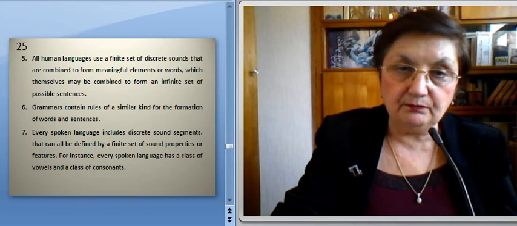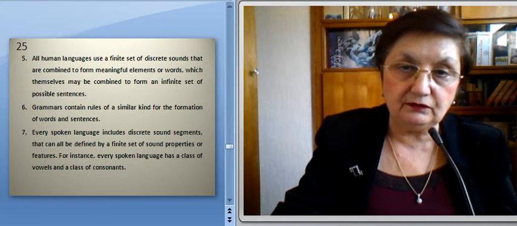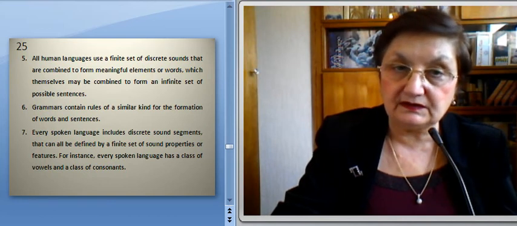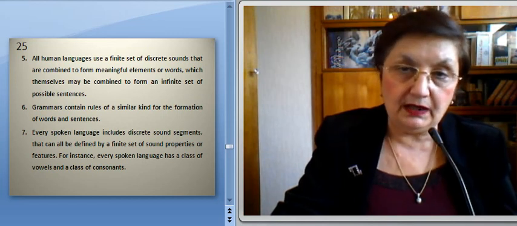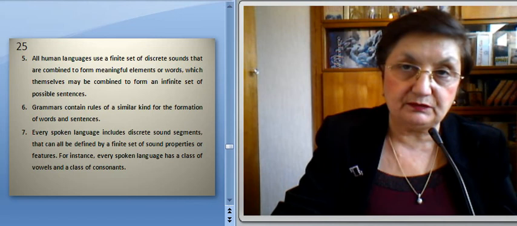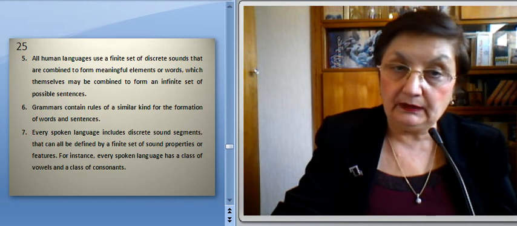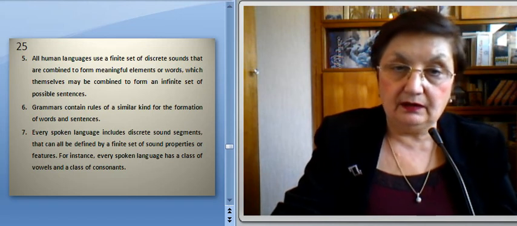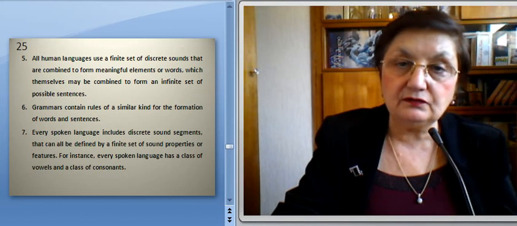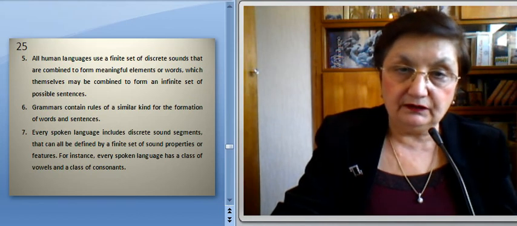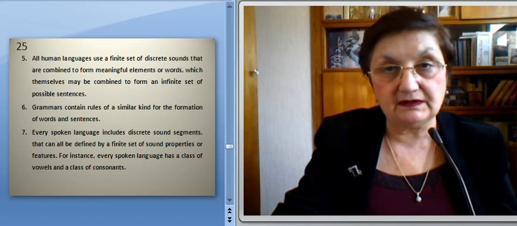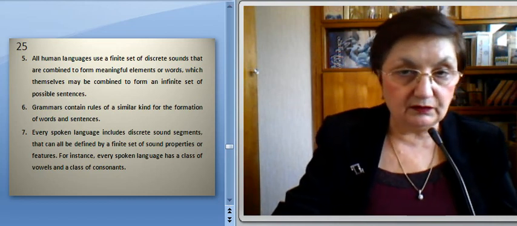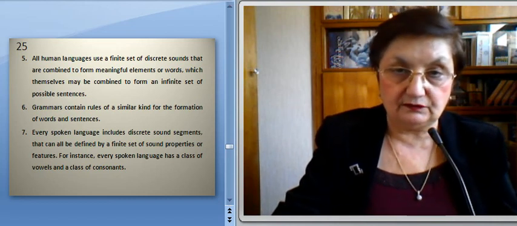Grammars contain rules of similar kind for the formation of words and sentences. Number 7. Every spoken language includes discrete sound segments that can all be defined by a finite set of sound properties or features. For instance, every spoken language has a class of vowels and a class of consonants.